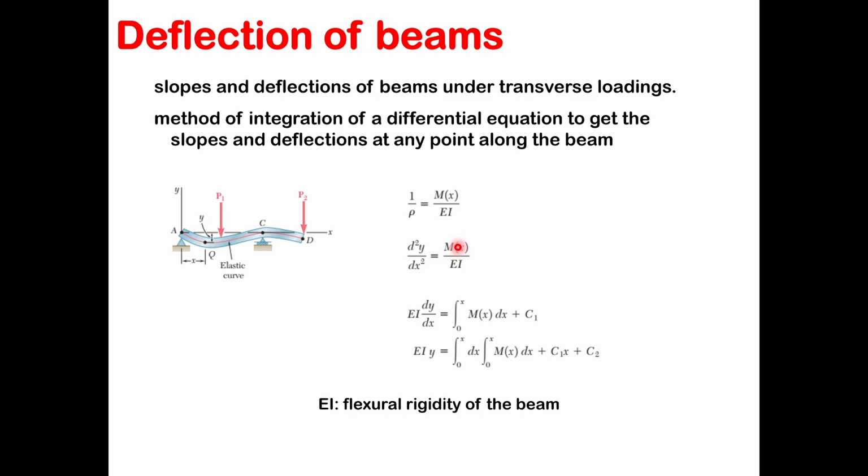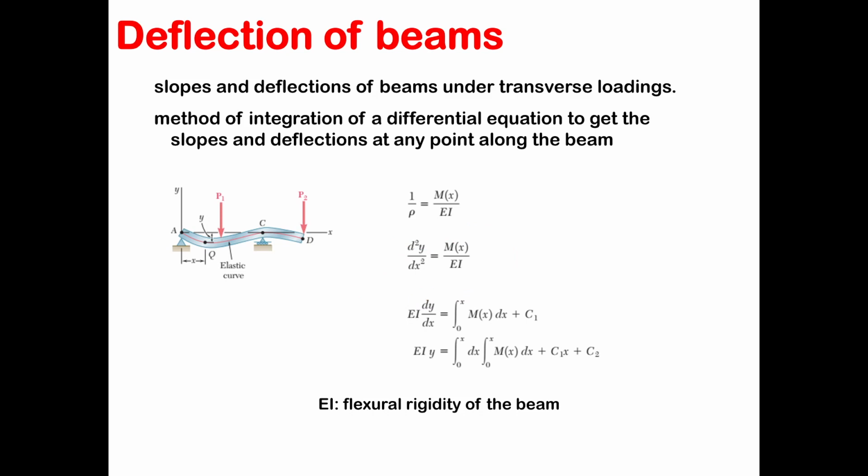That's going to be equal to M of x over EI, right? And it is very important to note that this is going to be your coordinate system. This is the location on the beam, and the y is going to be your deflection, right? So this is a very important equation that we have here.